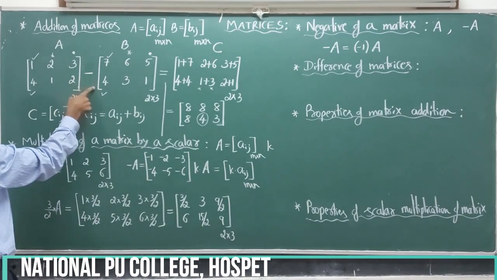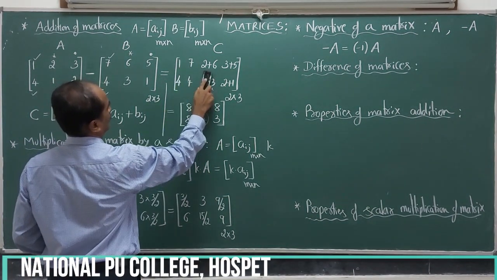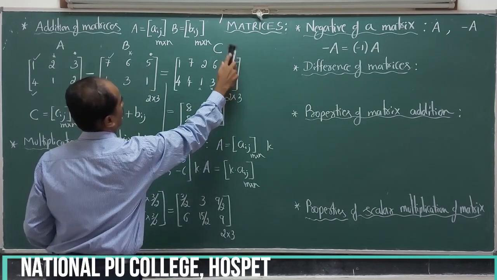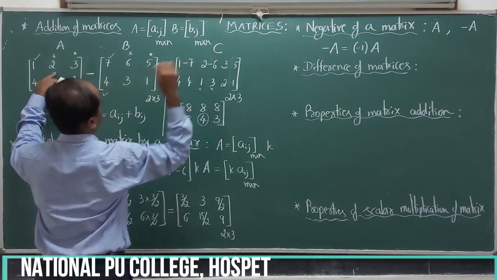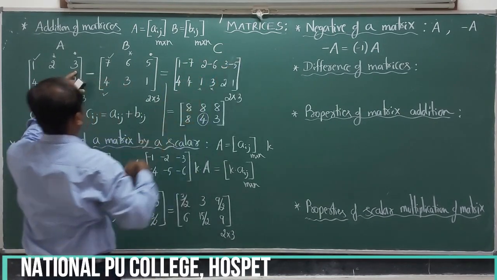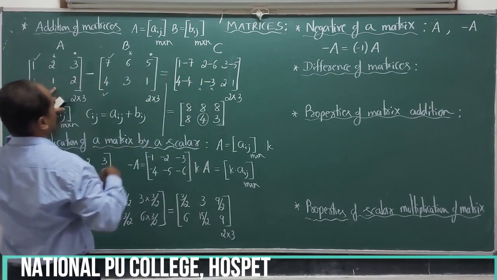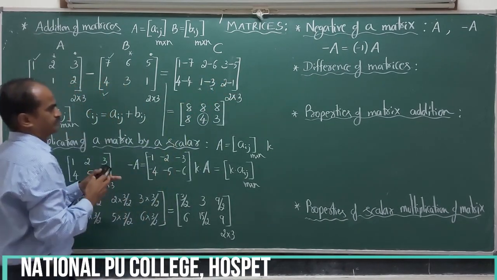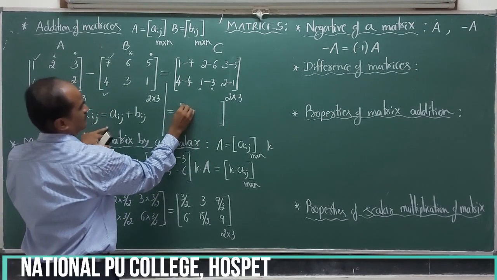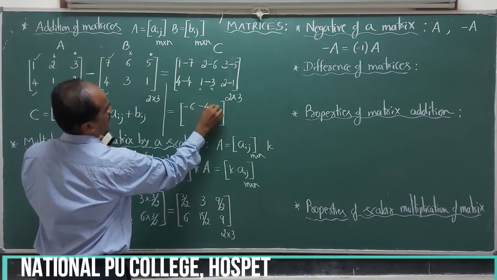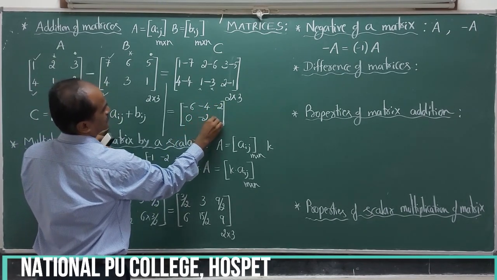A minus B is equal to 1 minus 7, 2 minus 6, 3 minus 5, 4 minus 4, 1 minus 3, 2 minus 1. What are the entries in the resulting matrix? It is minus 6, minus 4, minus 2, 0, minus 2, 1.